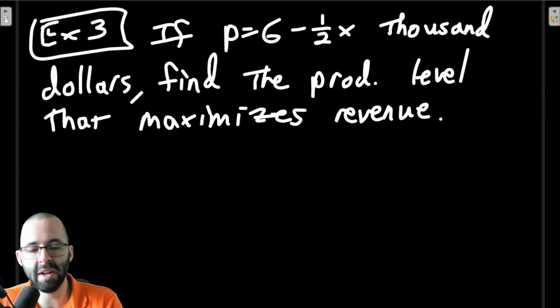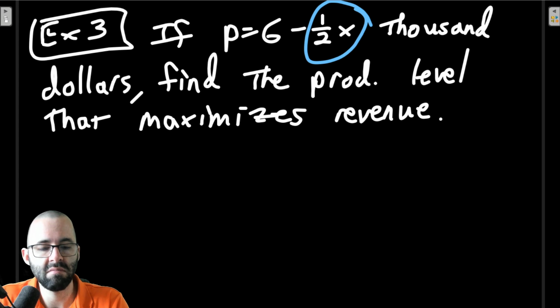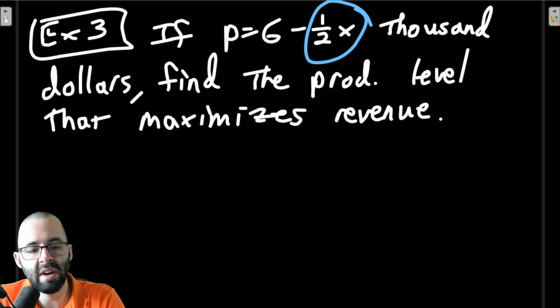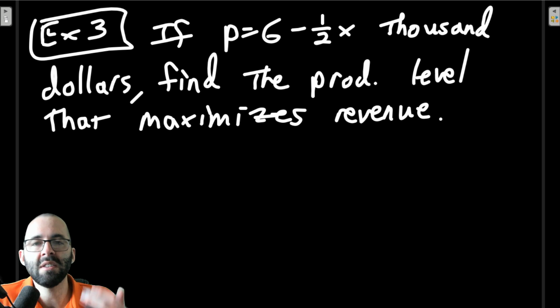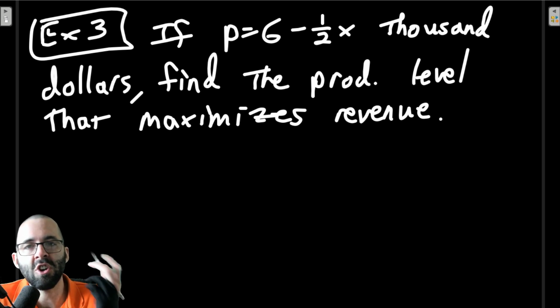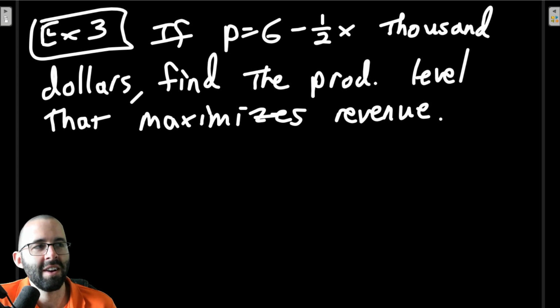Second thing, let's talk about this demand equation. This demand equation says, let's say I wanted to sell 2 units. If X were 2, we get 6 minus 1, so P would be 5. So if we wanted to sell 2 units, we'd have to charge $5,000 for each of them. We're probably not talking about yo-yos or something here. Or conversely, look at the y-intercept.